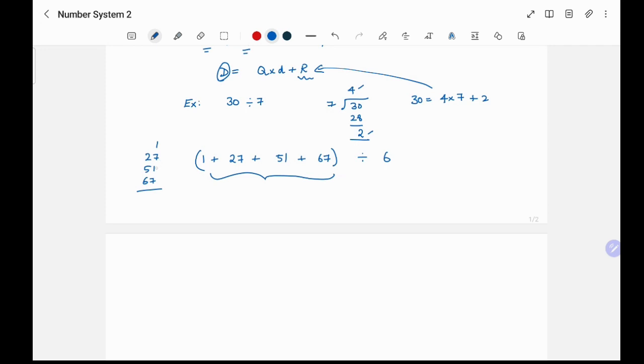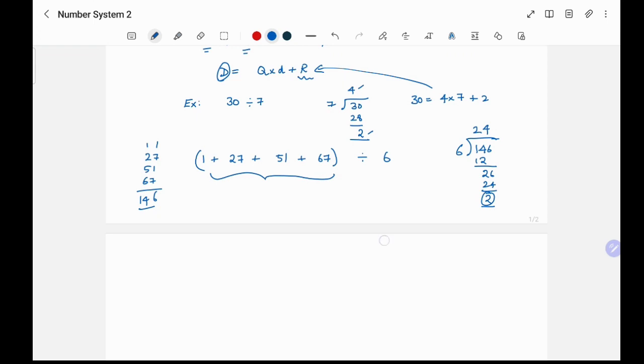I'll add it: 146. Then I will divide by 6. It is 2 times 12. Then we have 26, which will be 4 times 24. So the remainder is 2. This is the straightforward method.